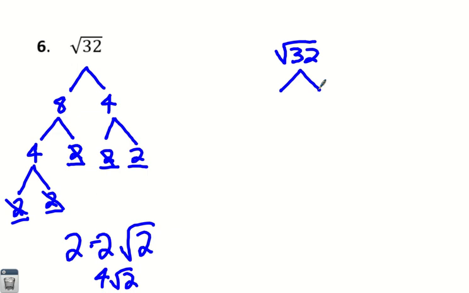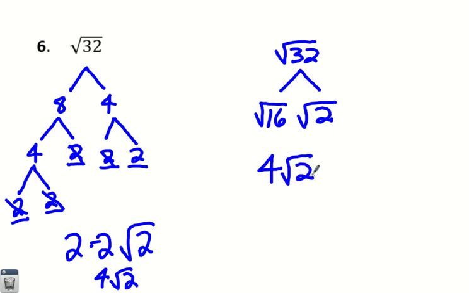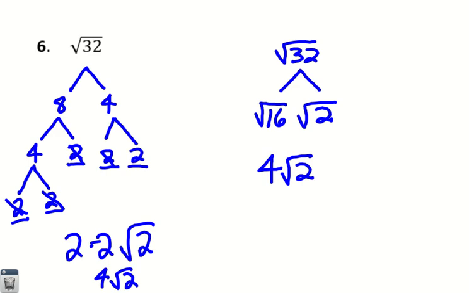Because you could break off a 4, but 4 is actually not the largest perfect square that you can break off of 32. What is? 16. And so I can do the square root of 16 to just get 4. And so final answer, 4 root 2. And yep, that is it for that.